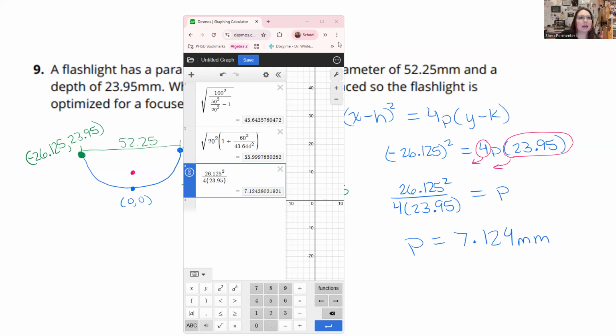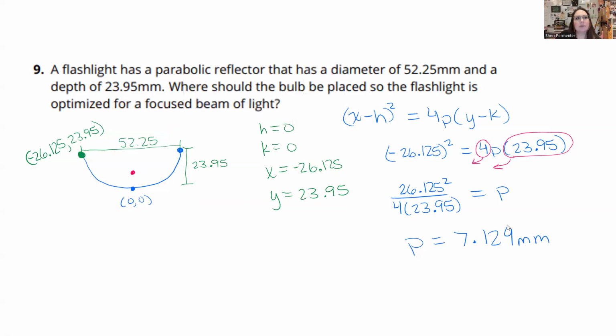So we could say, I mean, this is a real world problem. We could say that p needs to be about 7 millimeters from the vertex. I mean, it's just a little over that.